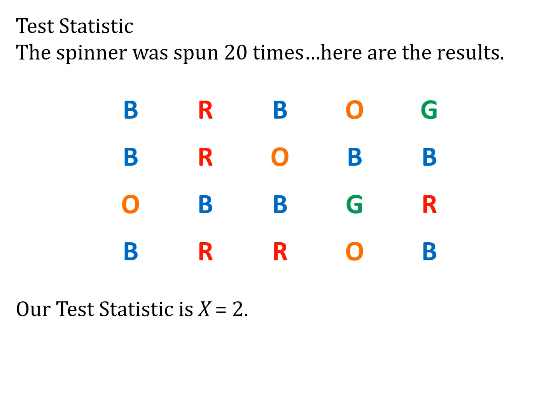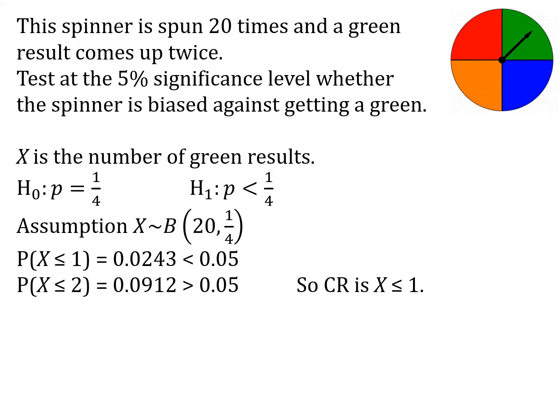So if we go back to our test statistic, remember we spun the spinner 20 times and we can see that a green came up twice. So our test statistic for this example is that x equals 2. So what we can do is decide whether 2 is in the critical region. And 2 is clearly not, because the critical region is that the random variable x is less than or equal to 1, and we got 2. 2 is not in the critical region.